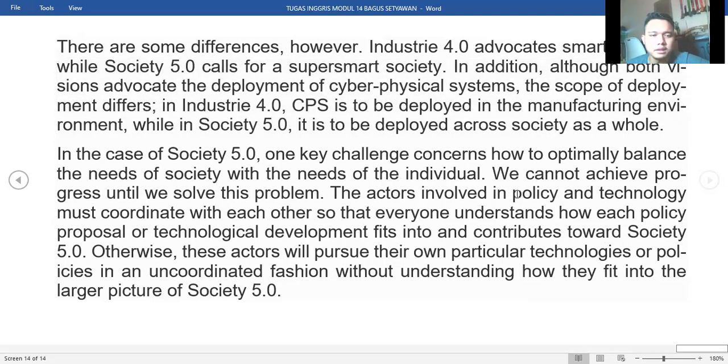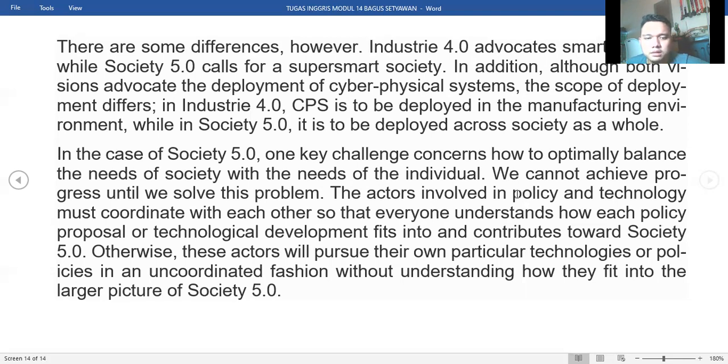In the case of Society 5.0, one key challenge concerns how to optimally balance the needs of society with the needs of the individual. We cannot achieve progress until we solve the problem. The actors involved in policy and technology must coordinate with each other so that everyone understands how their policy proposal or technological development fits into and contributes towards Society 5.0.